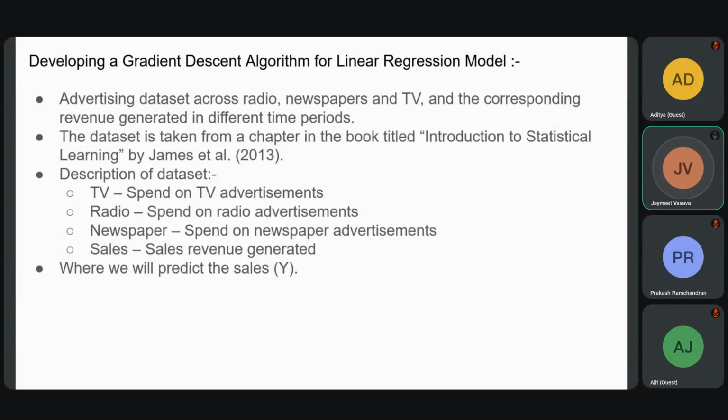The data set is taken from the book Introduction to Statistical Learning by James and others. The description of the dataset you can see contains the TV, radio, newspaper ads, and the sales revenue generated due to them. So we already got our X and Y values. The X values are TV, radio, and newspaper, and the prediction value is the Y value, which is the sales.